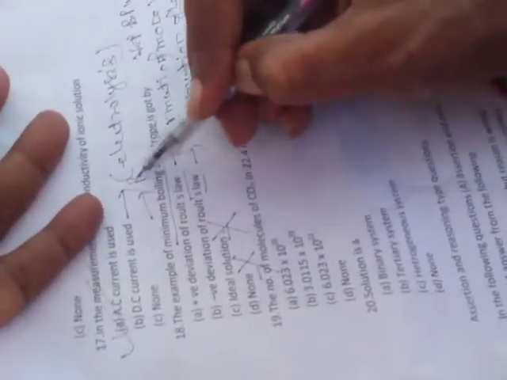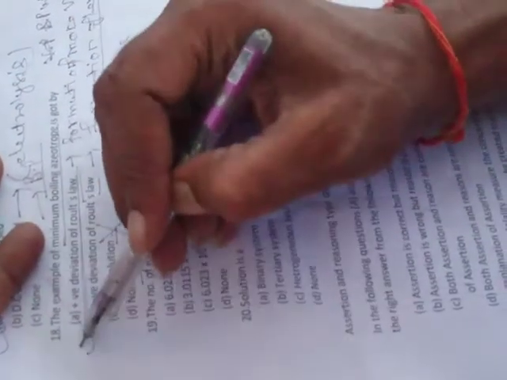Here the term minimum is used for boiling point. So the boiling point will be lower when vapor formation is more, and vapor formation is more in the case of positive deviation from Raoult's law. Under this discussion we can safely conclude that option A is our correct option.